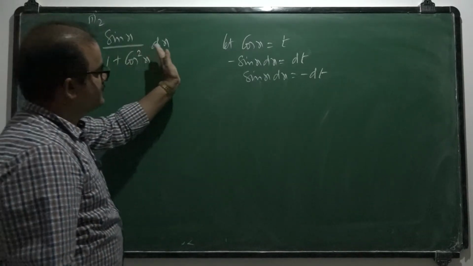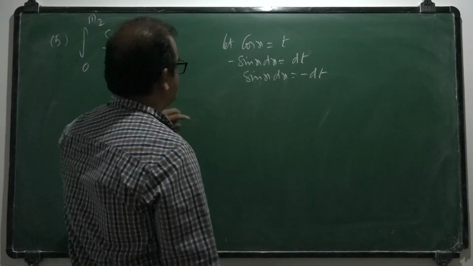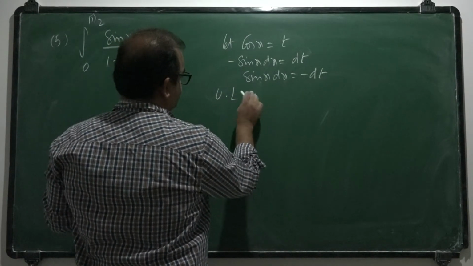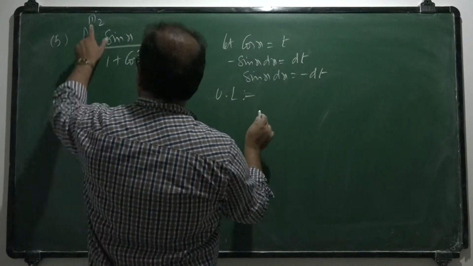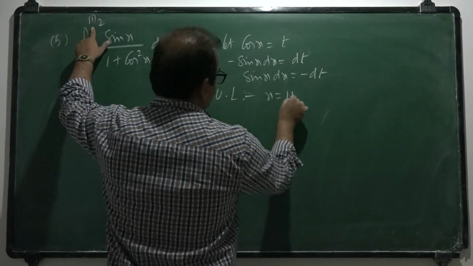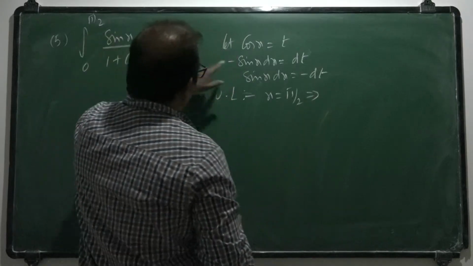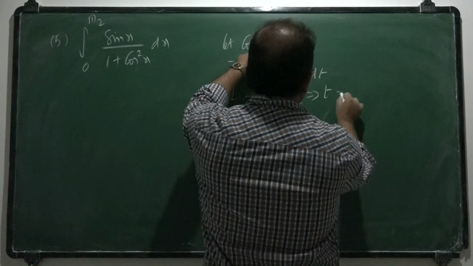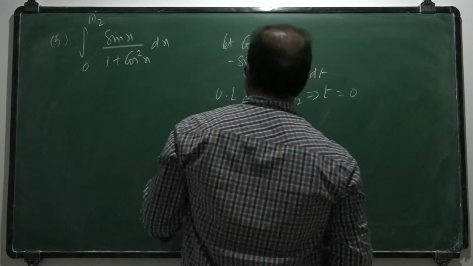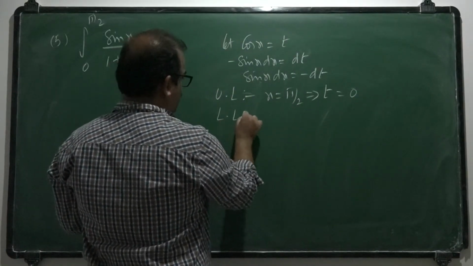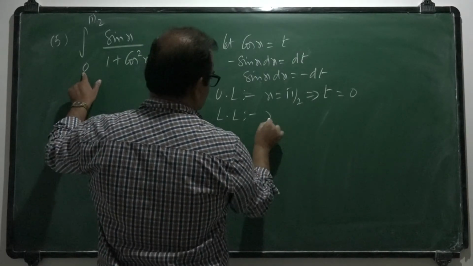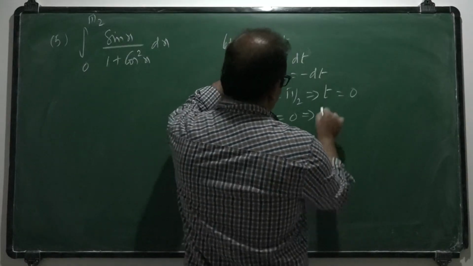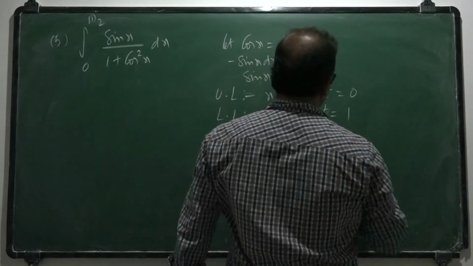Now change these limits in terms of t. Say what is upper limit, x is equal to pi by 2. When x is pi by 2, what is t value? Cos pi by 2, that is 0. Next, lower limit x is equal to 0. When x is 0, t value cos 0, that is 1.